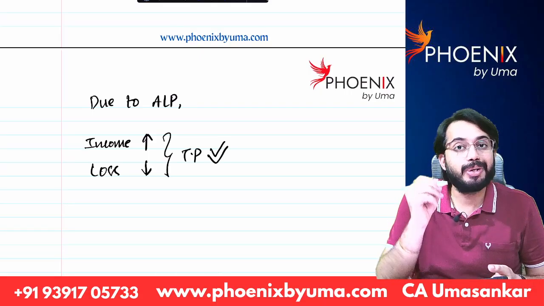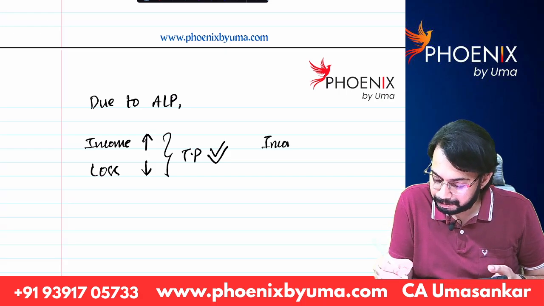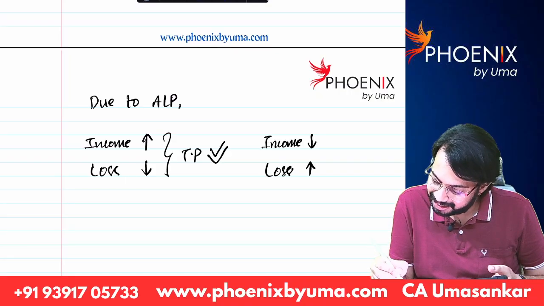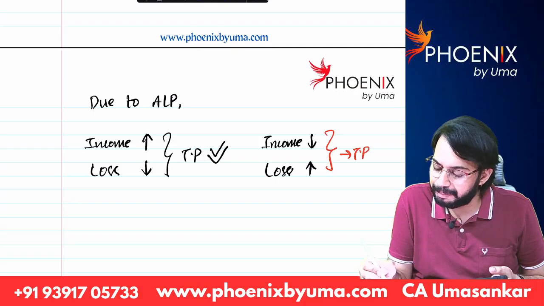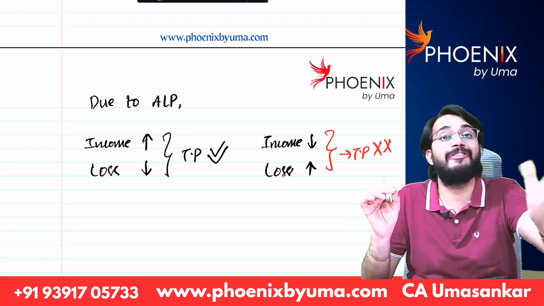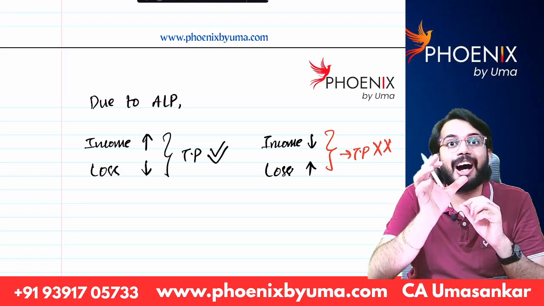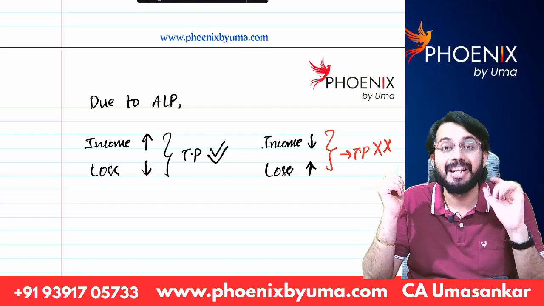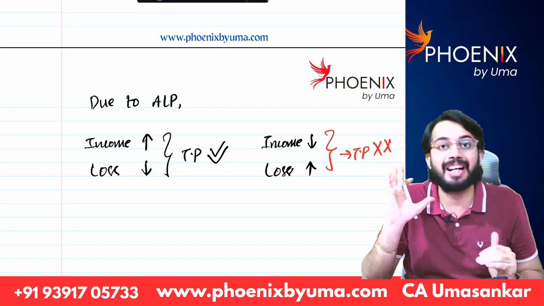If due to arm's length price your income decreases or loss increases, then transfer pricing provisions are not applicable. That means transfer pricing provisions are entirely in favor of the income tax department. Because of arm's length price, your income increased, transfer pricing provisions are applicable. Because of arm's length price, your loss decreased, transfer pricing provisions are applicable.